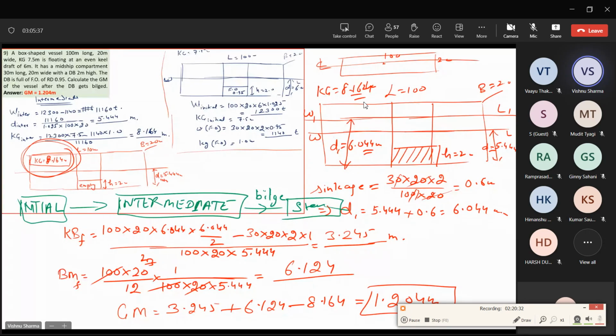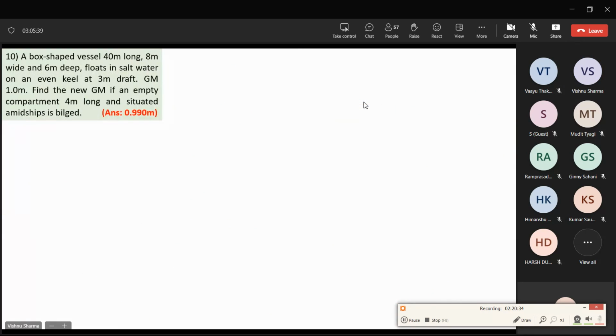And then there is one last question from MMD. I think it was from one of the MMD papers. What is the difference in this question? Just see. I have intentionally included it here because it is from MMD, so you should not get confused. How does this question differ from others? Guys, what is the problem with this question?